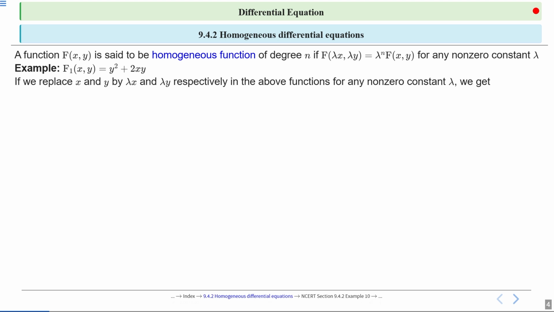So if we replace x and y by λx and λy respectively in the above function for any non-zero constant λ, what do we get? f1(λx, λy) is, so just replace x and y by λx and λy, so we get λ square (y square plus 2xy), and this y square plus 2xy is again the function f1(x, y), so we get λ square f1(x, y). That is, this function f1(x, y) is a homogeneous function of degree 2.